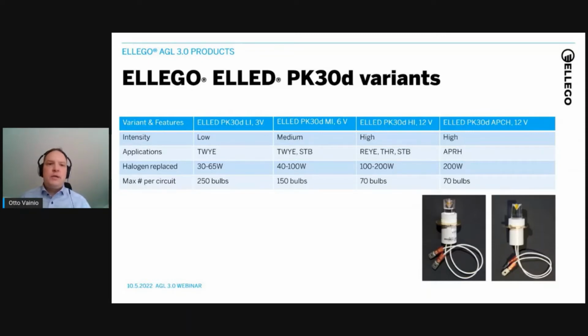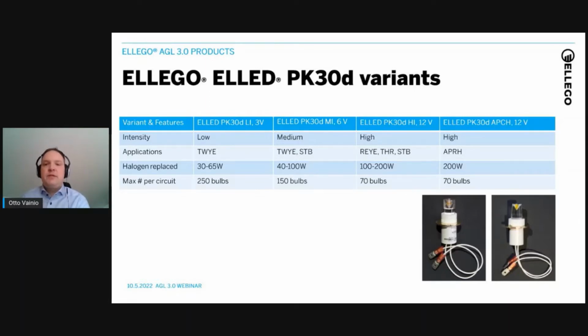And also going down with the voltage in the low intensity versions allows for more bulbs within a set. So the low intensity version, 3 volts version, we can cover up to 250 bulbs or fixtures if it's a single bulb fixture per AGL circuit. And then number of bulbs getting slightly higher and lower with higher voltage.